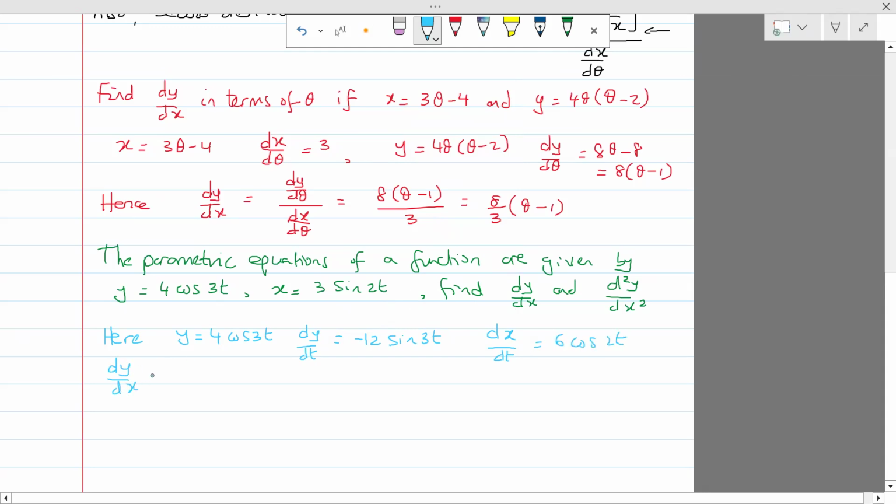Then dy by dx is dy by dt, which is minus 12 sine of 3t, over dx by dt, 6 cos of 2t. This goes out, minus 2 sine of 3t over cos of 2t.